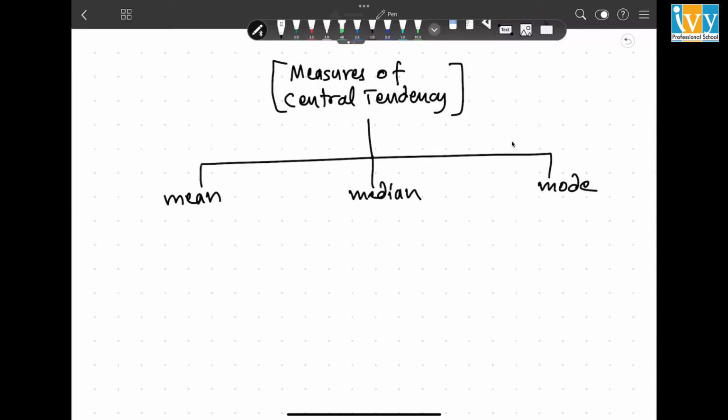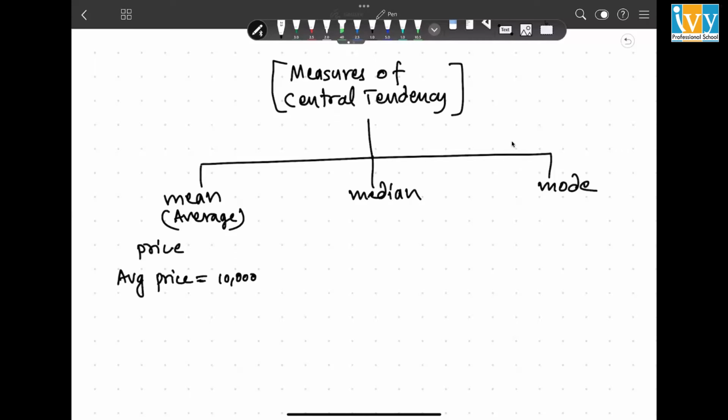For example, price. The average is also nothing but the mean value. If the average price of the cars is 10,000, what does this tell you?